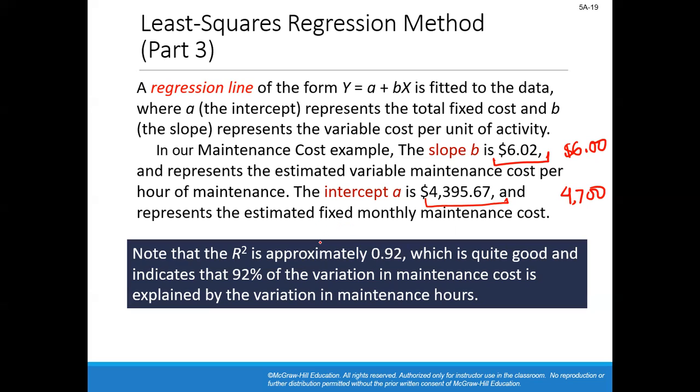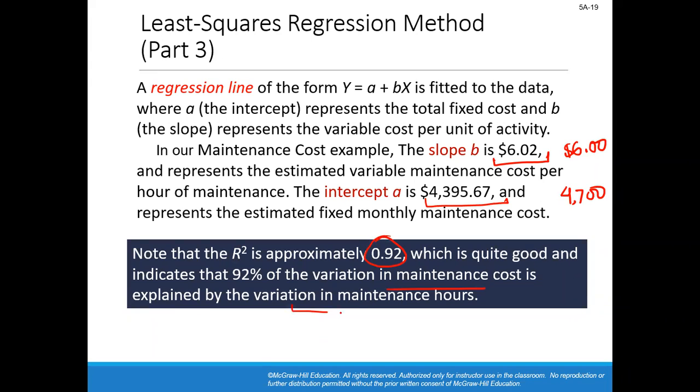Out of the 100% variation of the total mixed cost, 92% of the variation of the total maintenance cost, or here our mixed cost, is explained by the variation in the maintenance cost.